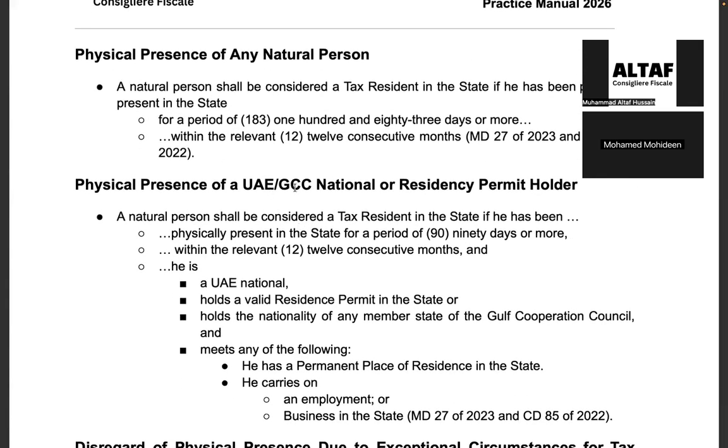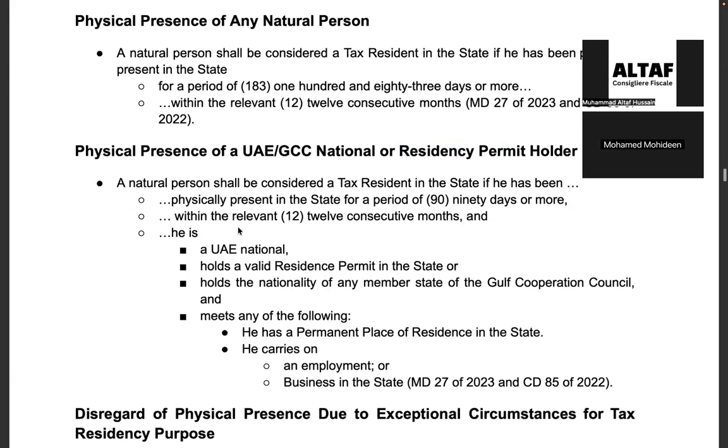Physical presence of a UAE or GCC national or a residency permit holder. Now, this is another very interesting angle. We're talking about a UAE national or a GCC national or even a residency permit holder, meaning people from India, Pakistan, and other countries of the world who hold a valid residency in UAE. So what about their physical presence?